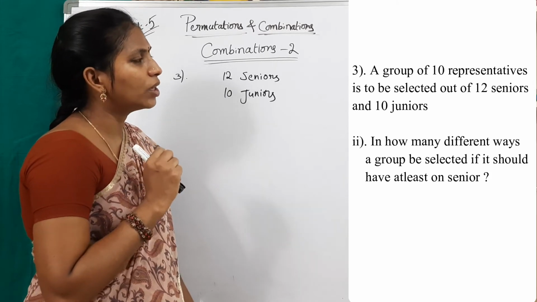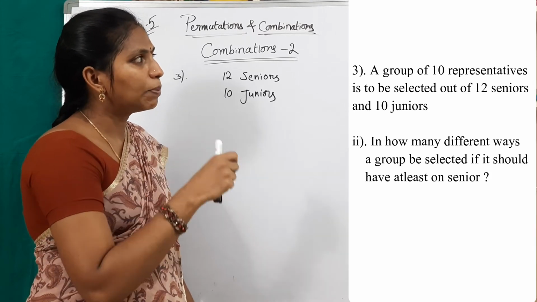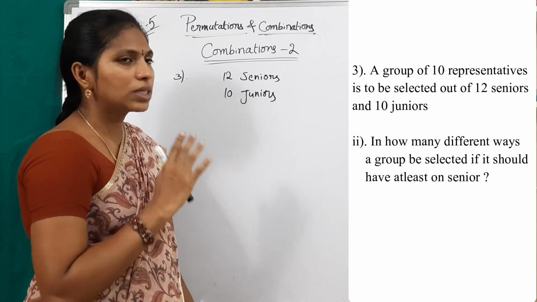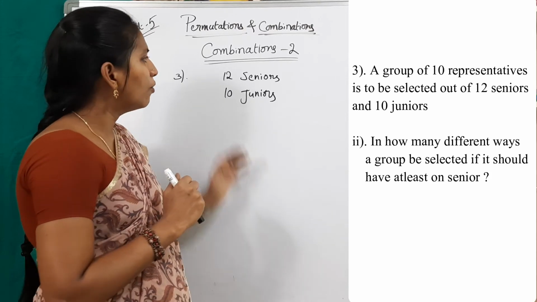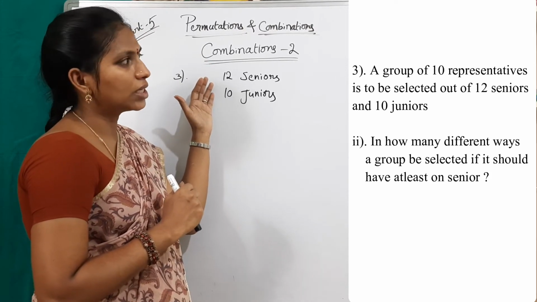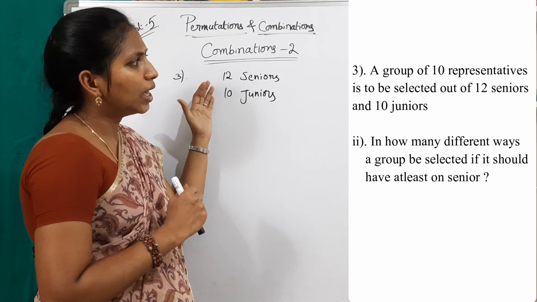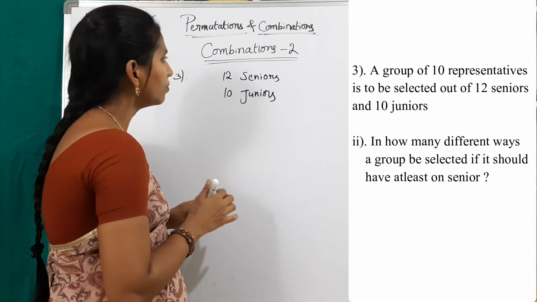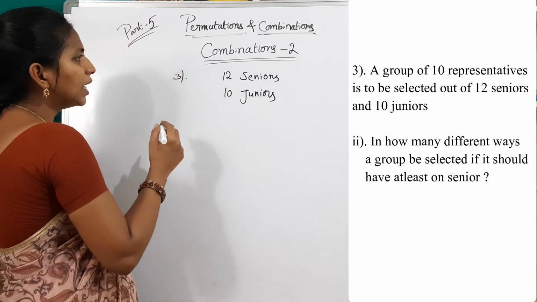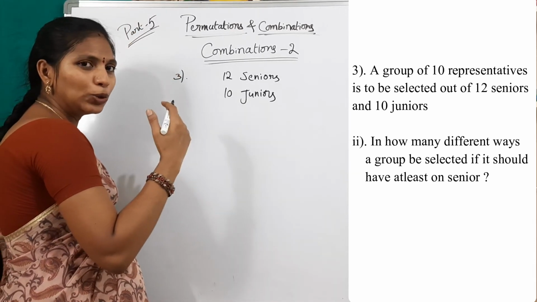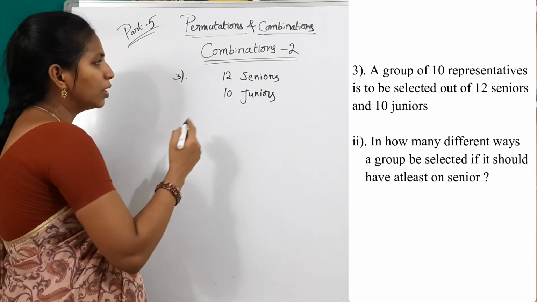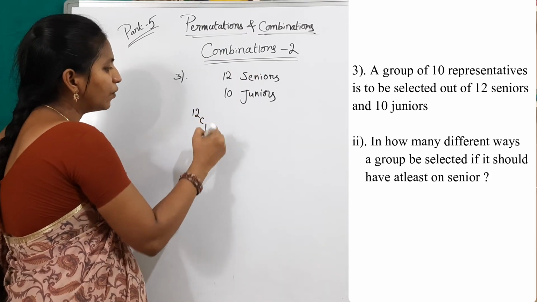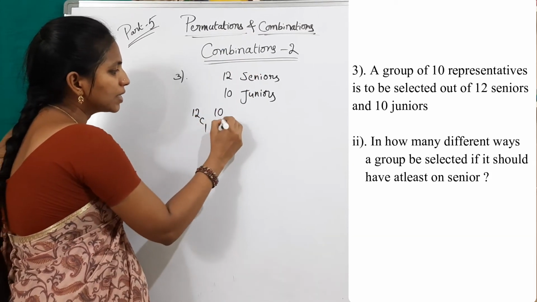Actually, at the top of the question, a group of 10 representatives is to be selected. So select 10 representatives from these seniors and juniors, but the condition is that it should have at least one senior. At least one senior means from 1 to the maximum number. So here 12C1 and 10C9.